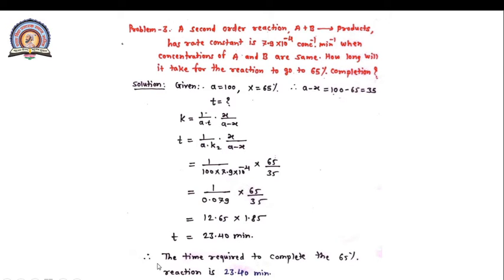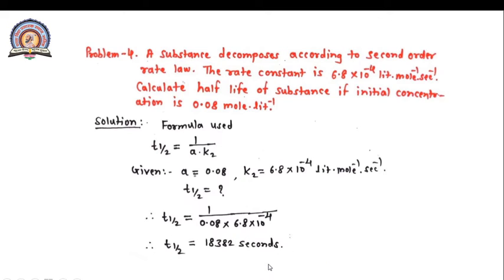And therefore the time required to complete the 65% reaction is 23.40 minutes.